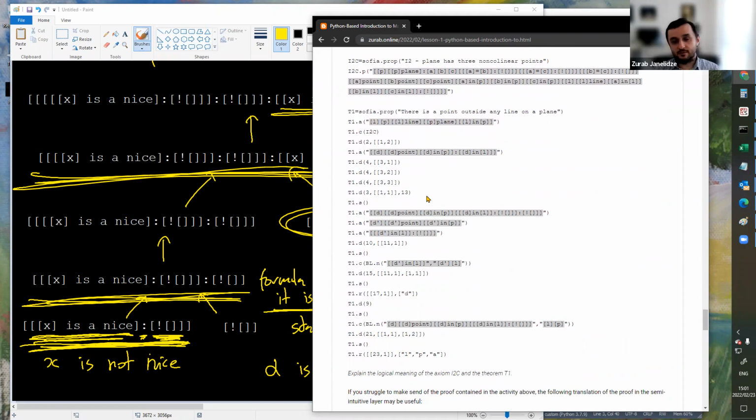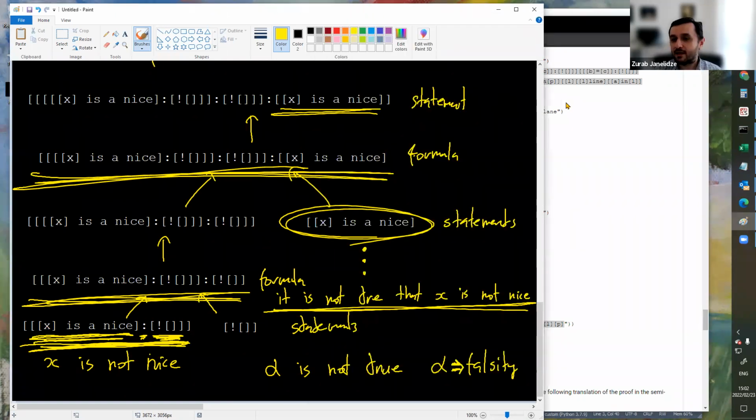But if something is intuitively obvious, it doesn't mean that it's obvious to mathematically justify it. For example, it took a while for Isaac Newton to justify why the apple fell from the tree, right? We will now see how we can do that using the tools we've developed so far. Not for the apple, but for this simple theorem from geometry. Okay, any questions so far?